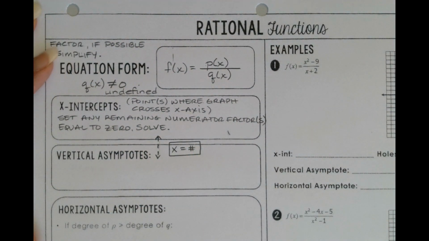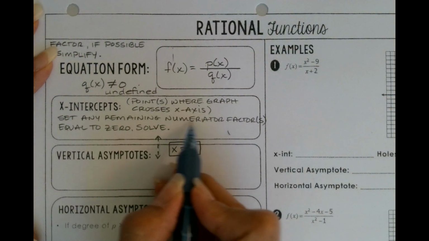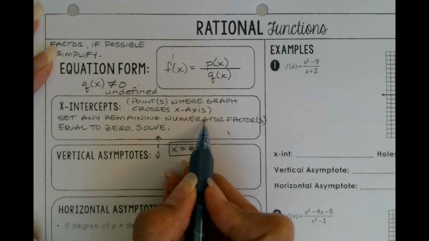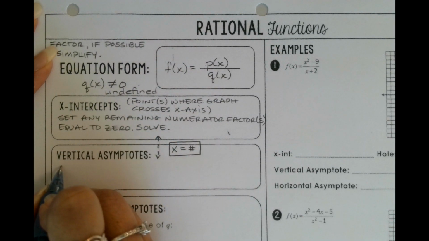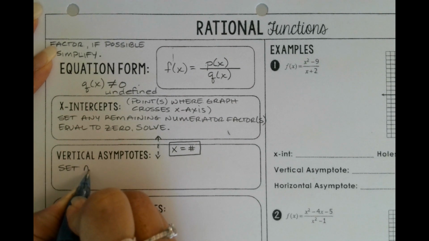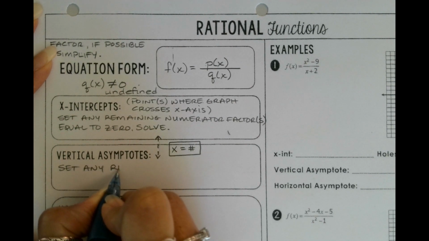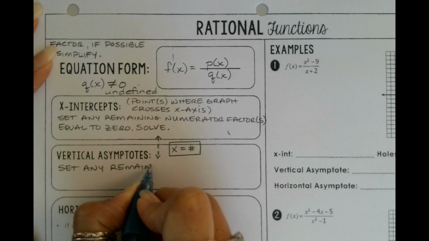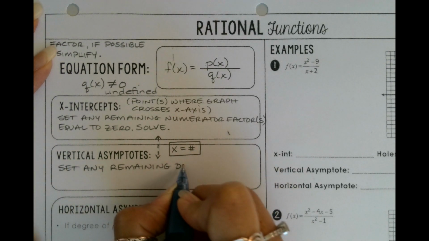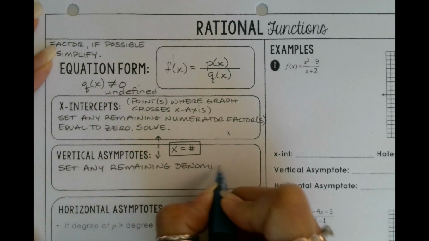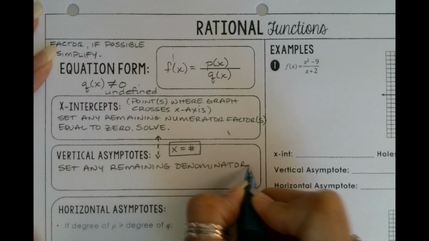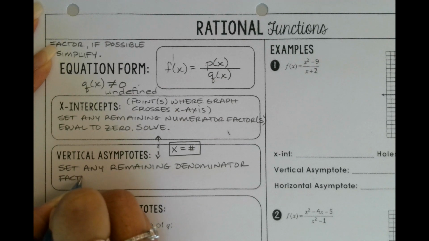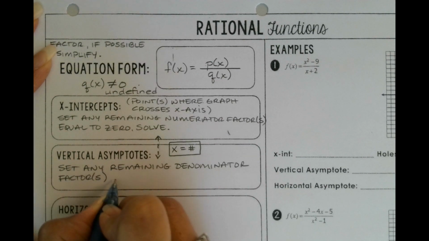Now, to find the equation of the vertical asymptote or vertical asymptotes, what you're going to do, similarly like what you did in x-intercepts, but we are going to change this word to denominator. So here we go. You are going to set any remaining denominator factor or factors equal to 0.